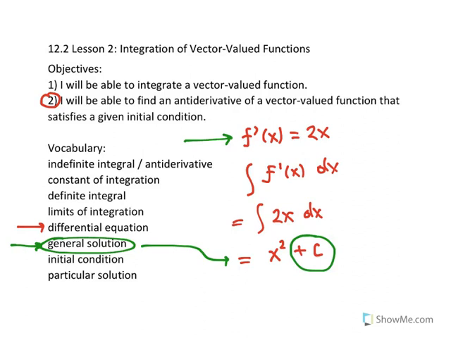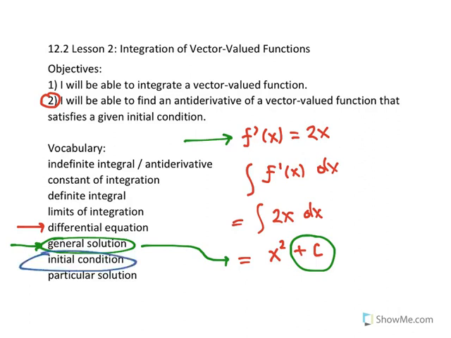So we did that in Calculus AB. This is called solving a differential equation by separation of variables, but you didn't really have to separate any variables for this particular example. Now, sometimes you're given what's called an initial condition.